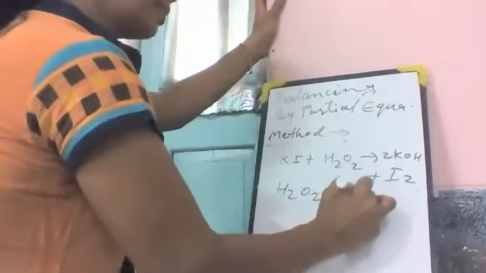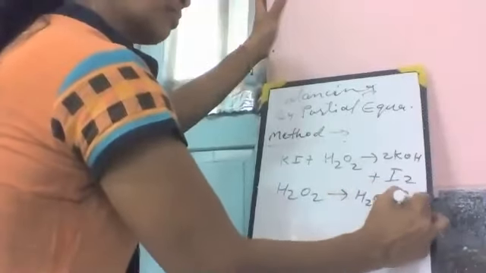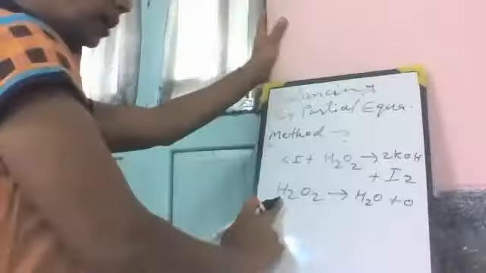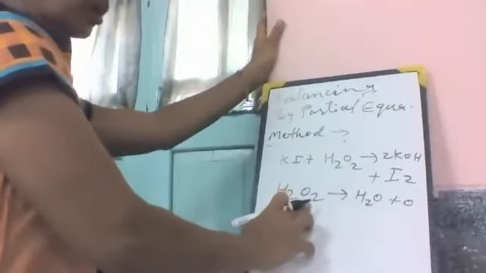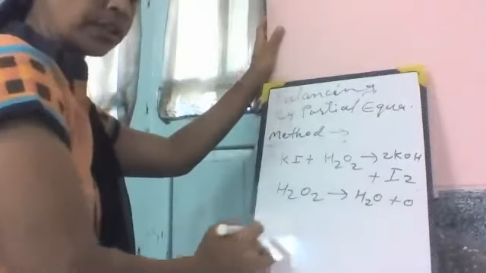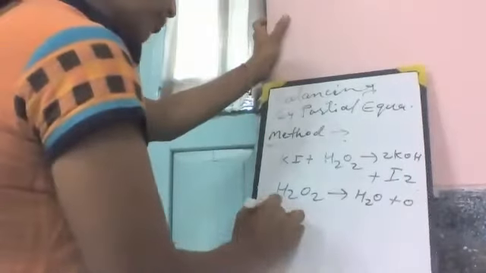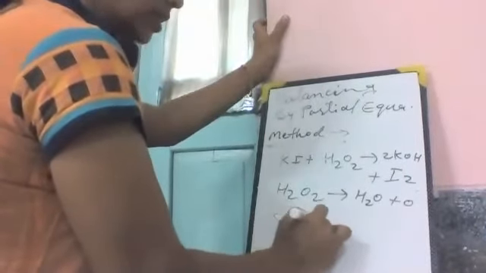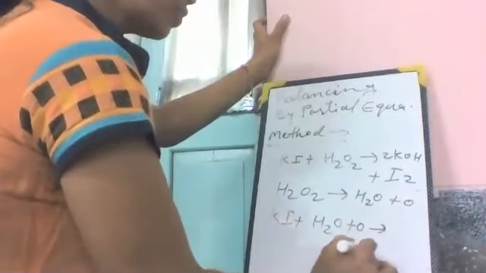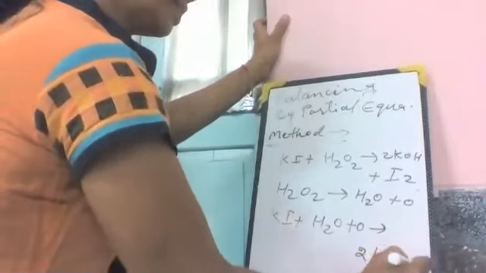H2O2 gives water and oxygen. The number of hydrogen atoms is 2 and 2, the number of oxygen atoms is 1 and 2. This oxygen reacts with potassium iodide and H2O to produce 2KOH plus iodine.